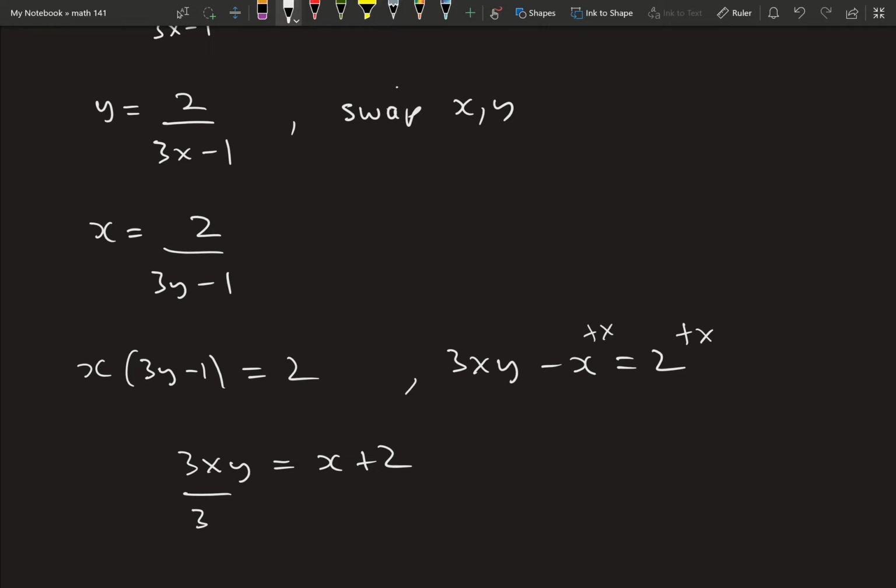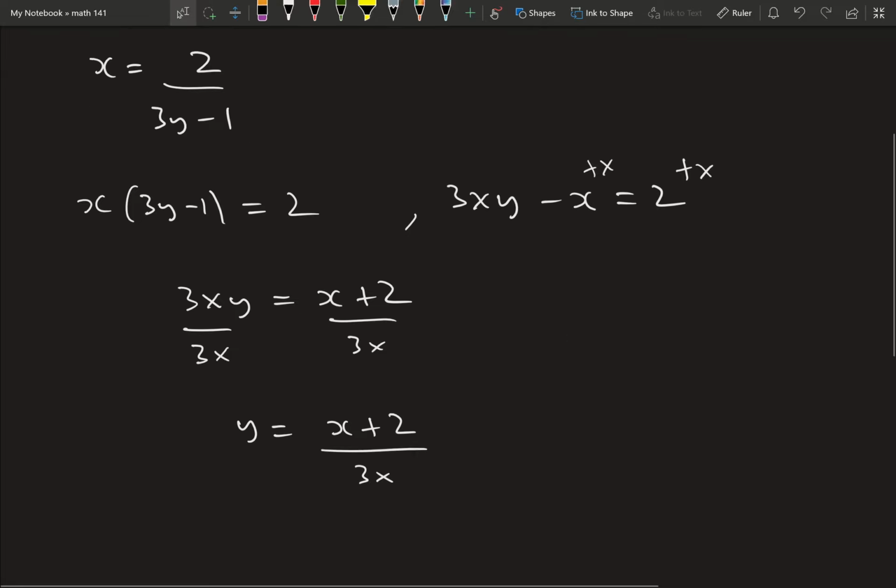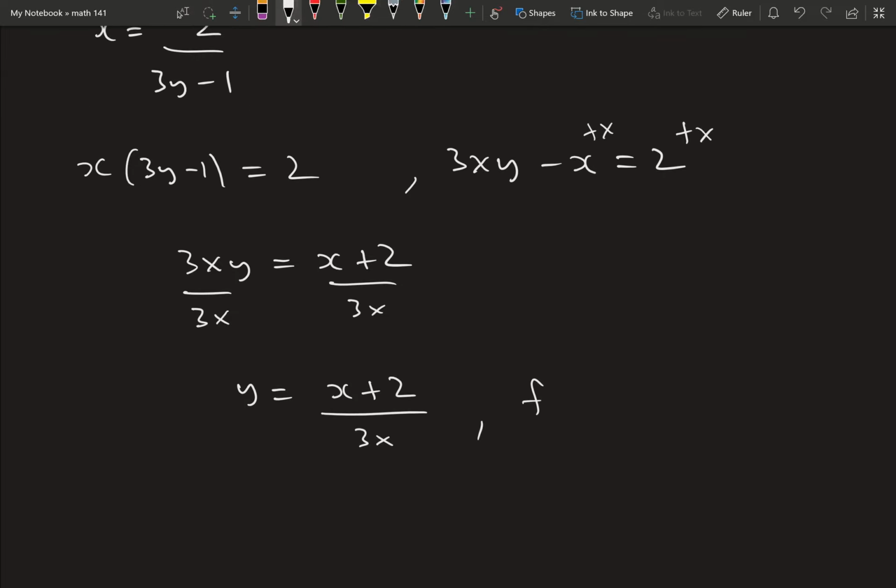And then we divide by 3x on both sides to get y equals x plus 2 divided by 3x. So that's our candidate and what's going to be our solution for the first part of this. So this is our f inverse where our f of x was 2 over 3x minus 1.